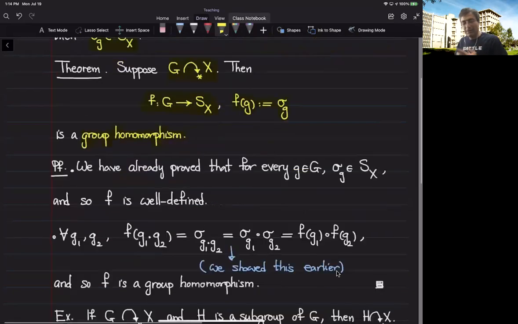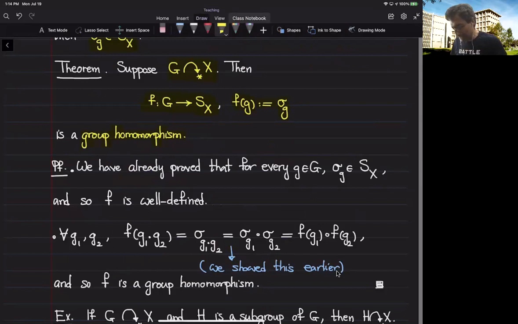Okay, so let's see why this statement is true. We simply need to show that f of g belongs here, which we have already discussed, and show that f preserves the group operation. That means I need to show that f of g1 dot g2 is f of g1 composed with f of g2.